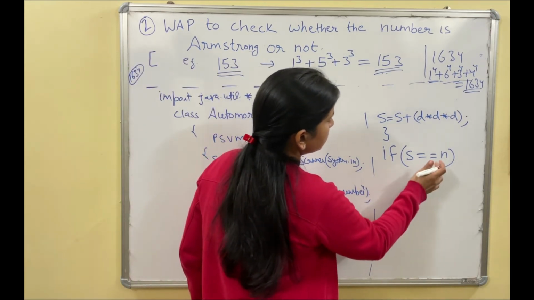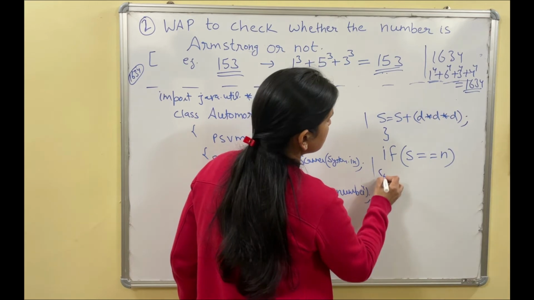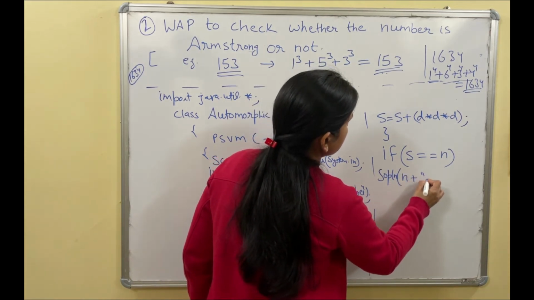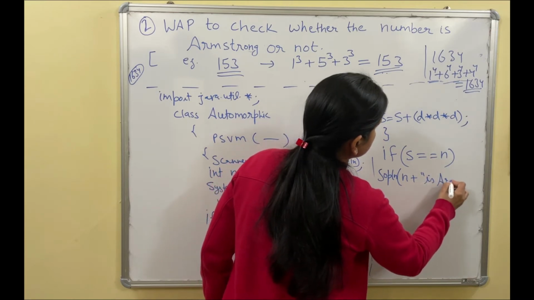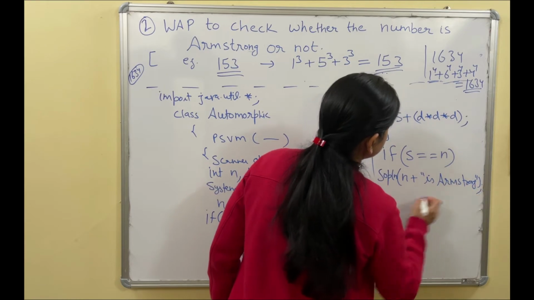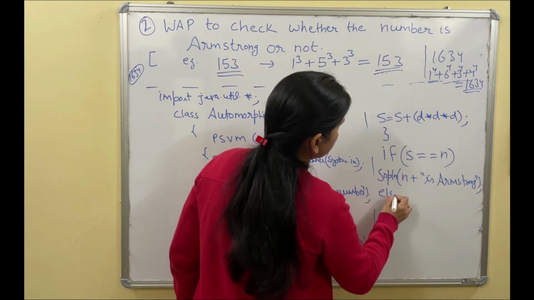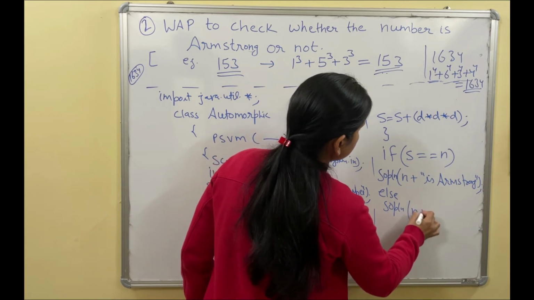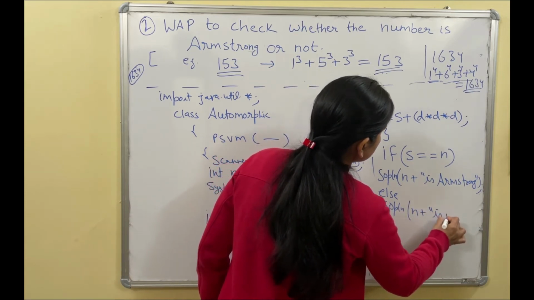Then if these two are equal, SOPLN, "n is Armstrong". Else SOPLN, "n is not Armstrong".